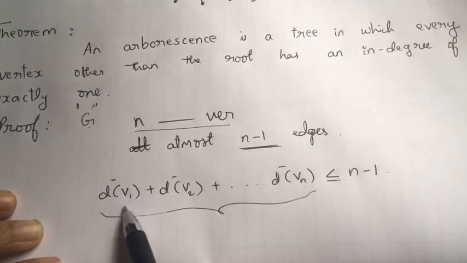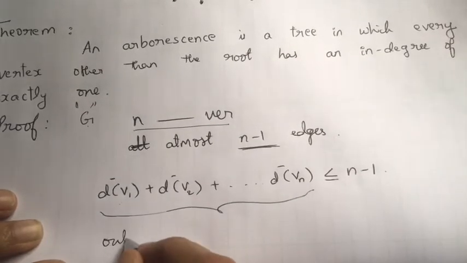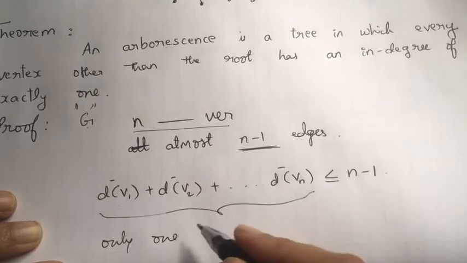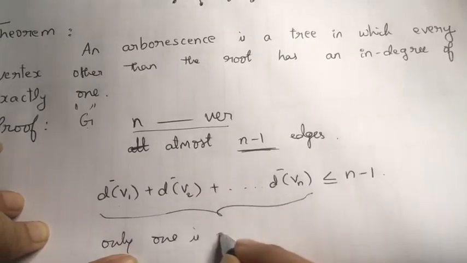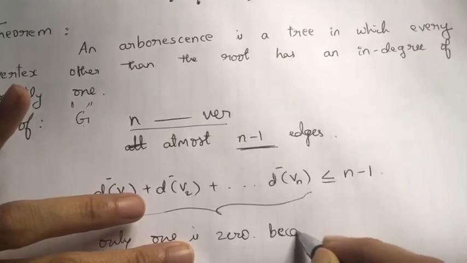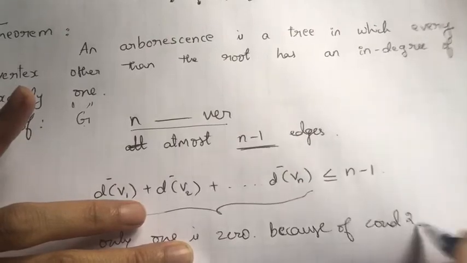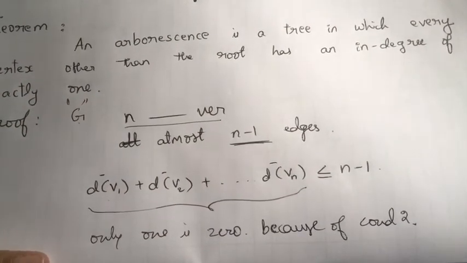Therefore, of these n terms on the left hand side of the equation, only one is 0 because of the condition 2, that says there is exactly one vertex of in degree 0.